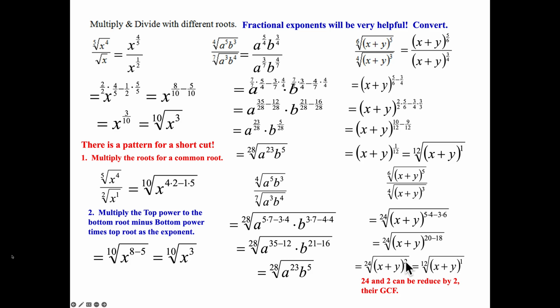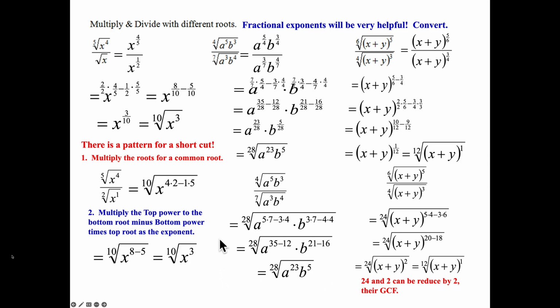But because both the power and the root are even numbers, we can reduce it by 2, because again, you can think of this as x plus y to the 2 over 24th power, reduce it to 1/12, and then the 12th root of x plus y to the first power. So if you can't divide the root into the power, but if you can reduce it, you are welcome to do that.